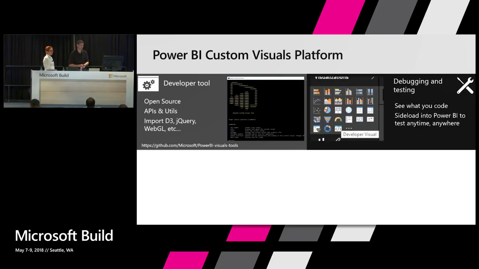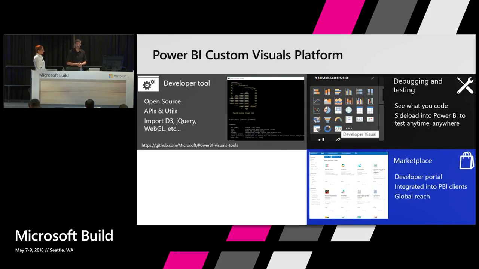Everything you change in your code, you will be able to see as you code it. Eventually, when you reach a point in the development where you want to have a draft or a final version, you can package it and sideload the file itself into Power BI, and test it like any other visual.